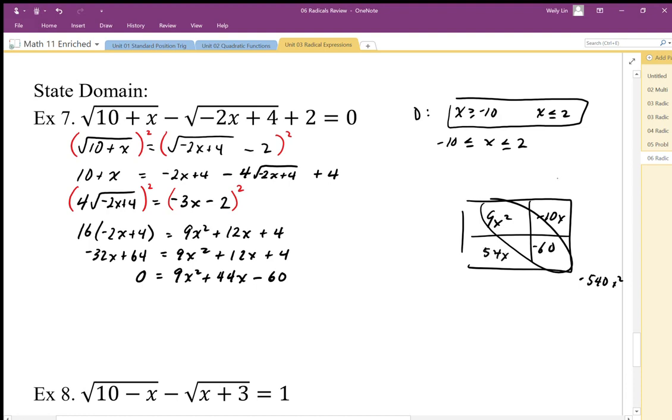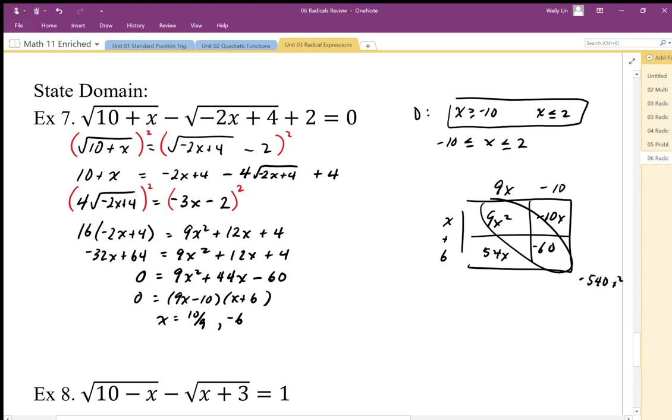Then when we factor this, we end up with negative 10, this is going to be 9x, this way is going to be just x, and the common factor this way is going to be positive 6. Just double checking, yeah, that looks like it's going to factor. So we end up with 9x minus 10, x plus 6. So x is equal to 10 over 9 and negative 6.